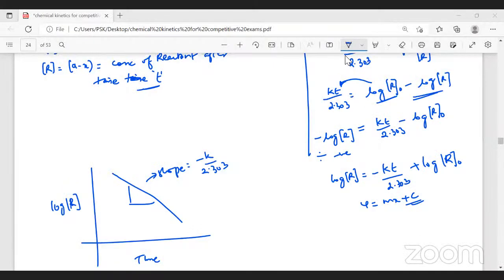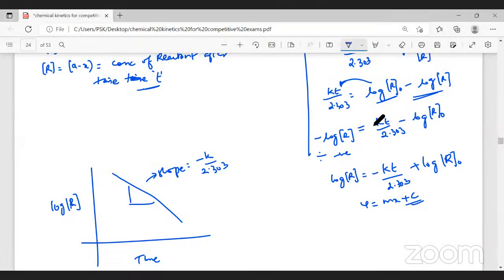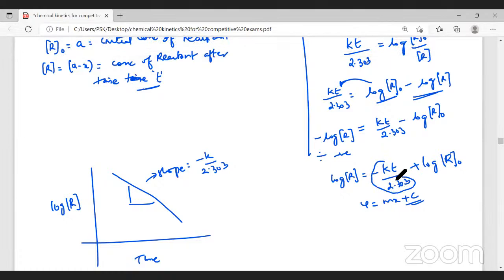From this equation, you can see minus k by 2.303 gives you the slope of the equation.